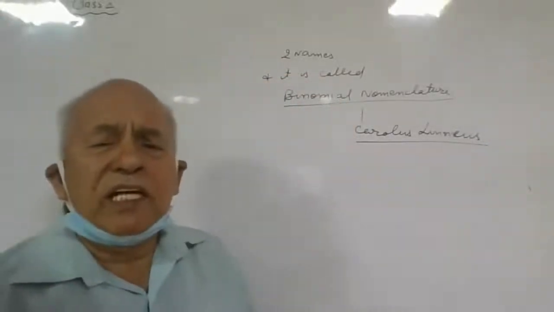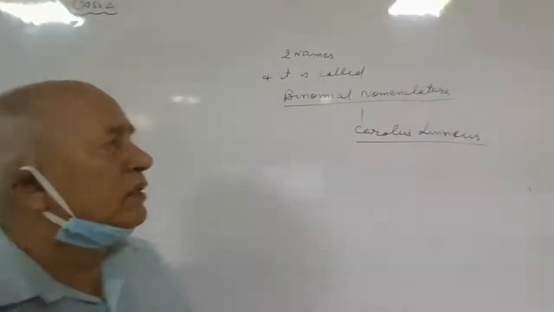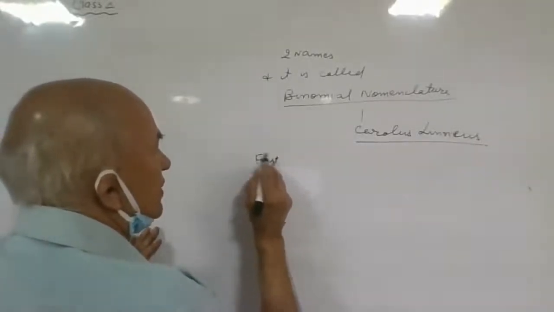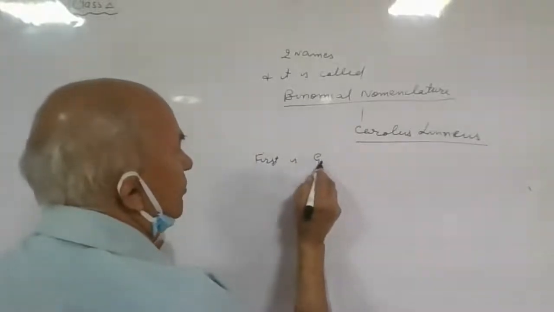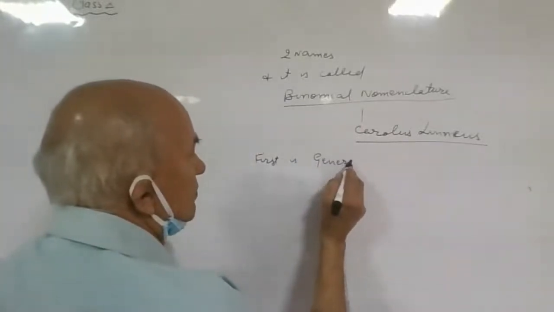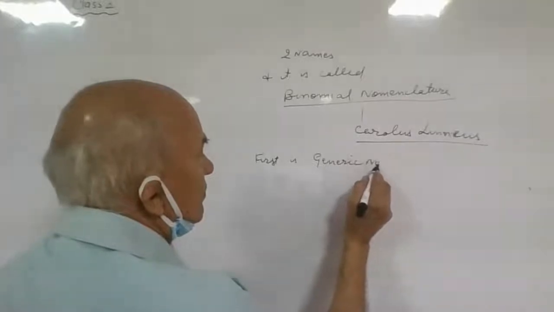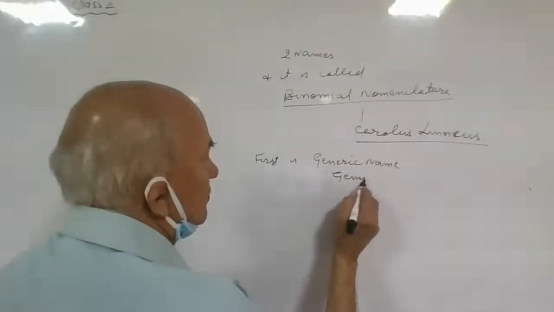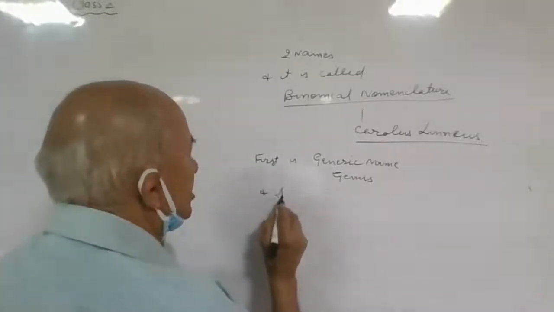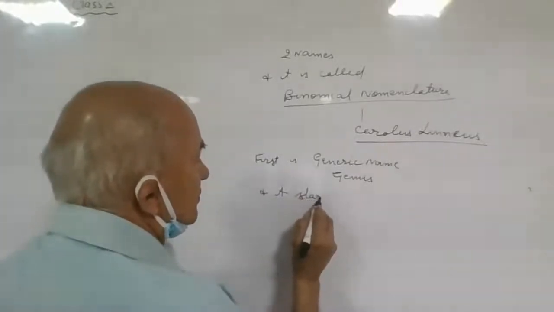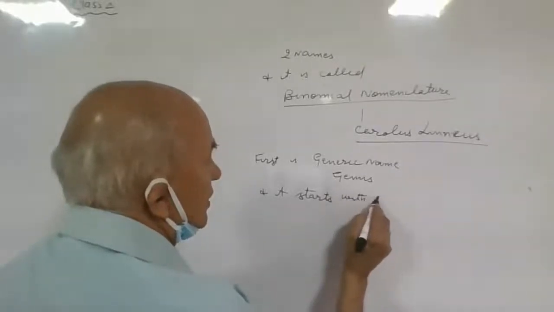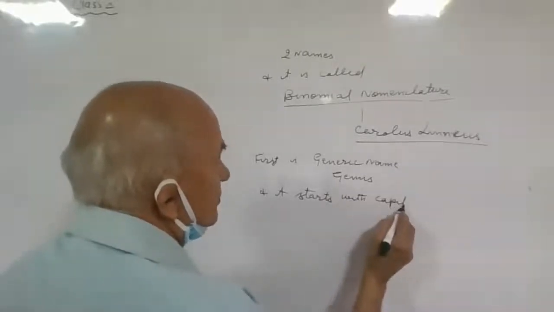Every biological name consists of two names. The first is the generic name, genus, and it starts with a capital letter.